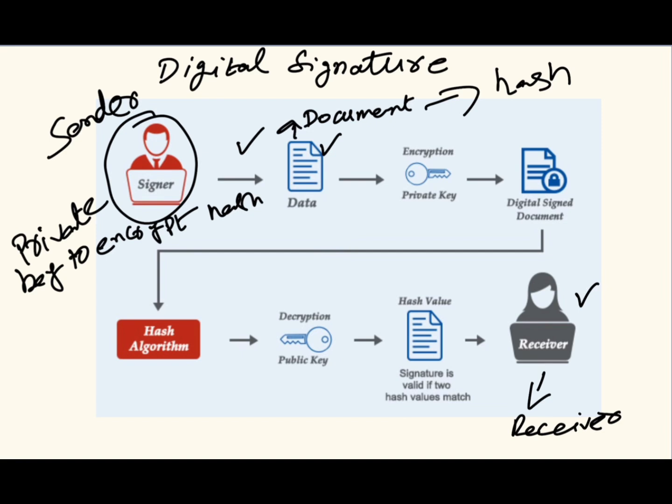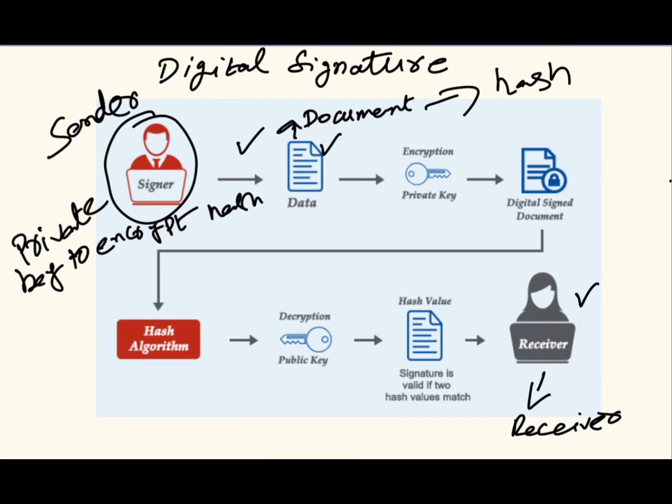Now, the catch is that the digital signature which is created will be attached to the original document. So only the digital signature is attached to the document; the document itself is not encrypted.